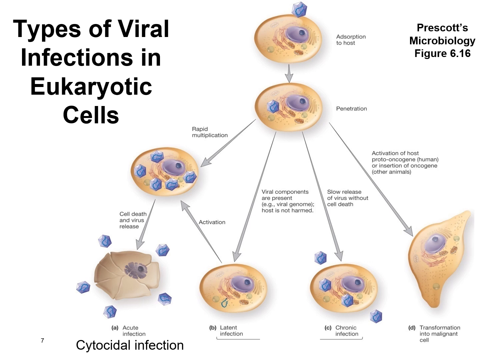All right, so this is just a nice picture that shows the 4 different types of viral infections in eukaryotic cells. We've got the acute or cytocidal infection here, where the virus infects the cell, you start producing the virus, but then the immune system will fairly quickly get rid of the virus, and then the virus is gone.